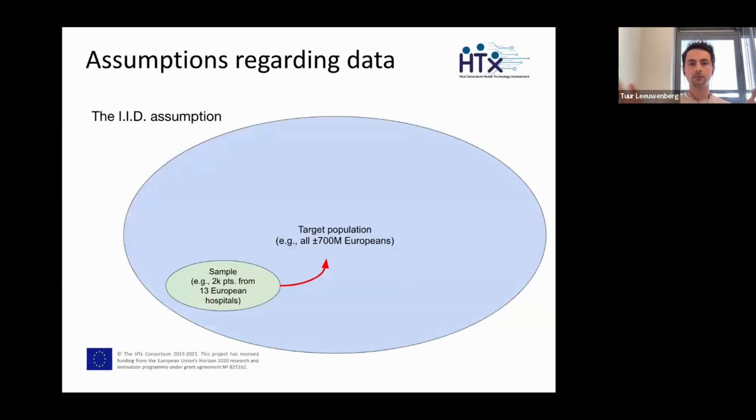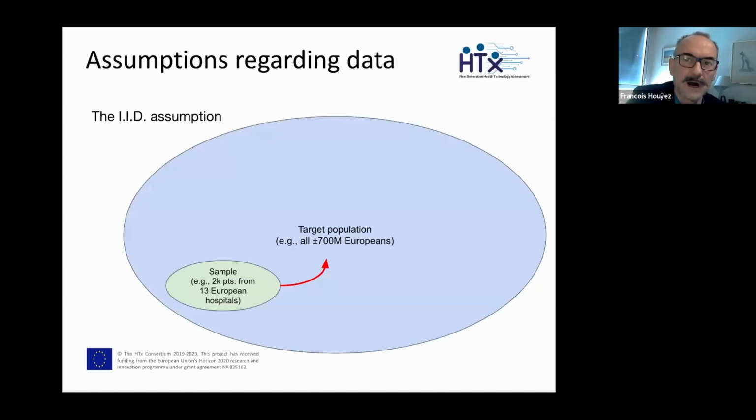This sounds very complicated, but what it really means is that if you want to make a model, let's say for all Europeans, that predicts a certain prognosis for all Europeans, and you use data from 13 European hospitals to develop this model, then it's really important that the patients in this data that you're using are representative of the target population, of Europeans in which you want to use the model.